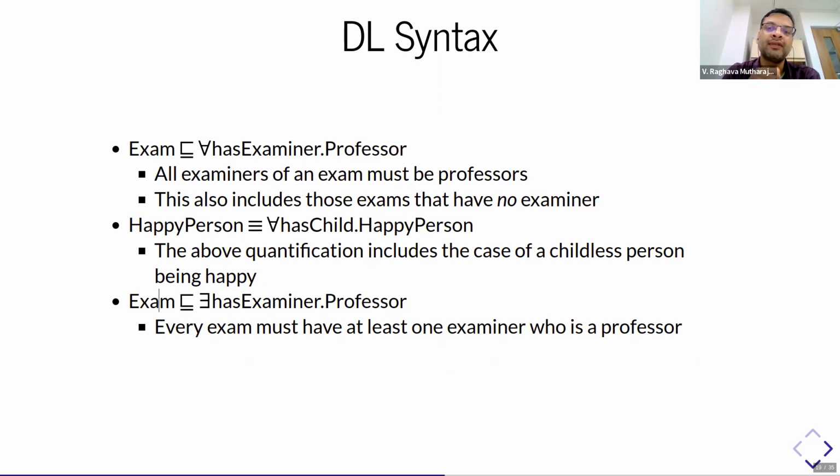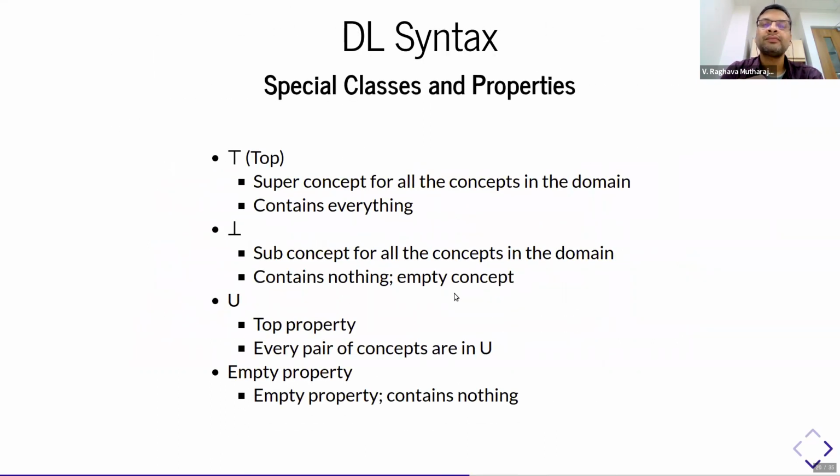So that's the difference. And here, the no examiner case does not exist because it's an at least one. So there should be at least one element in this one which is connected through the has examiner to the professor. So those are the 2 quantifiers, existential quantifier and universal quantifier.